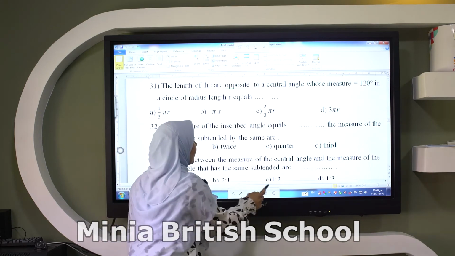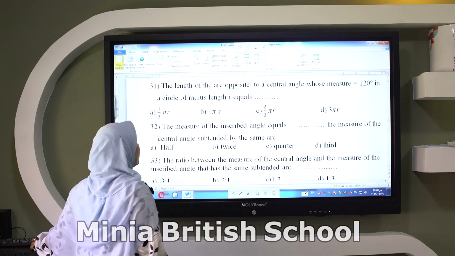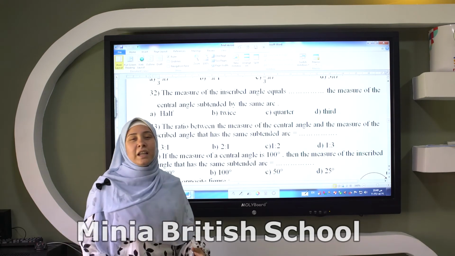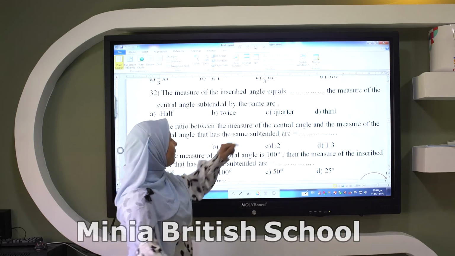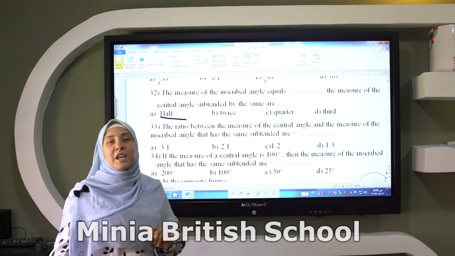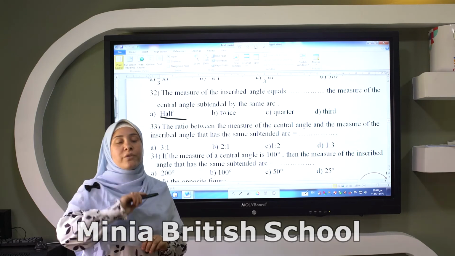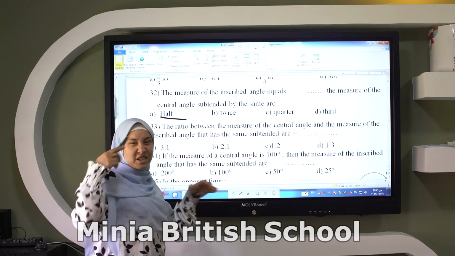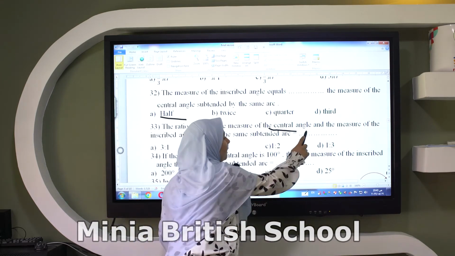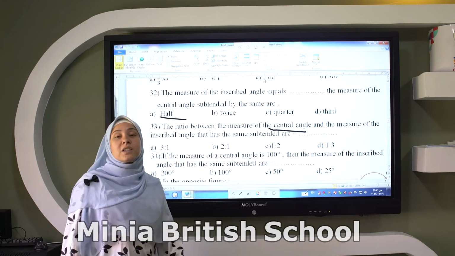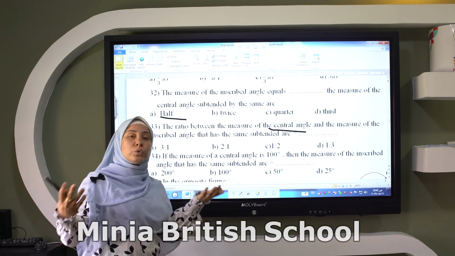In number 32, the measure of an inscribed angle. Yes, an inscribed angle equals what? Equal to half the measure of the central angle subtended by the same arc. Another way for this question: the ratio between the measure of the central angle and the measure of the inscribed angle that have the same subtended arc is 2 to 1.